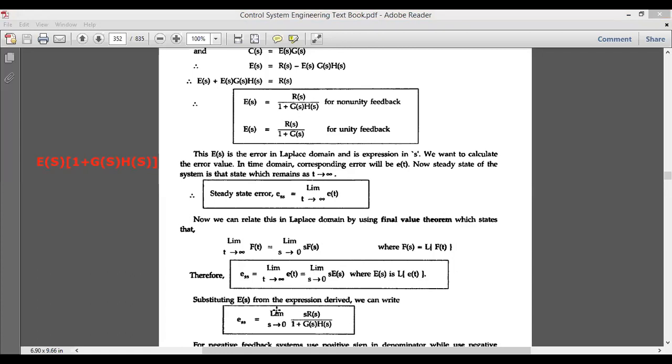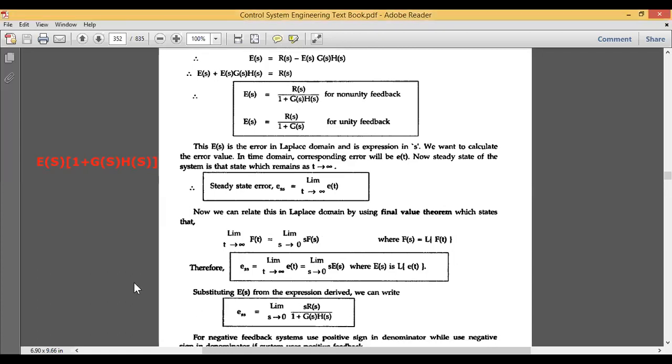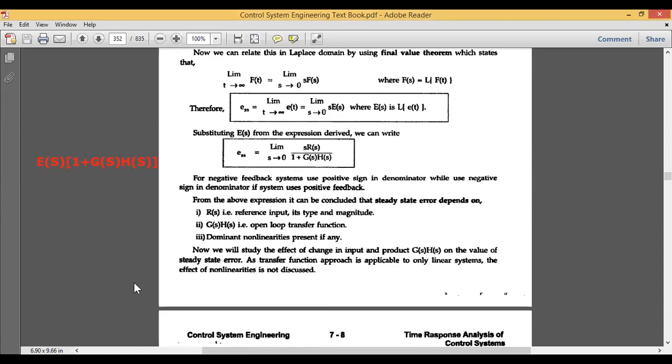After substituting the value of E(s), we get the equation for the steady state error: the limit s tends to 0 of s multiplied by R(s) divided by 1 plus G(s) into H(s). This is for non-unity feedback. For a unity feedback, it becomes s multiplied by R(s) divided by 1 plus G(s), because H(s) is equal to 1.